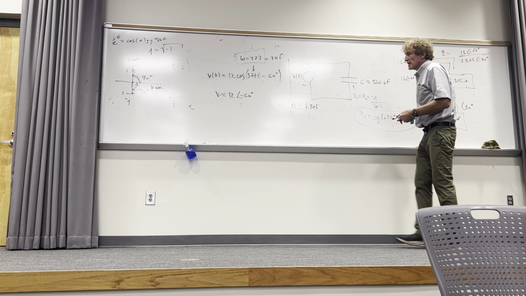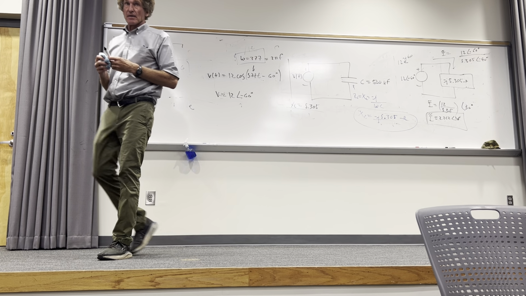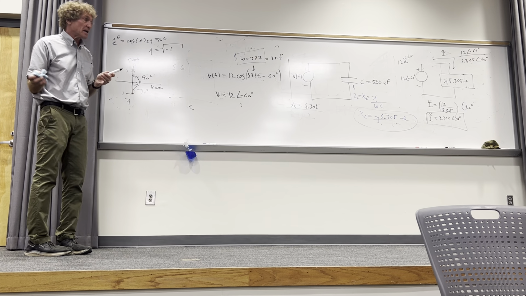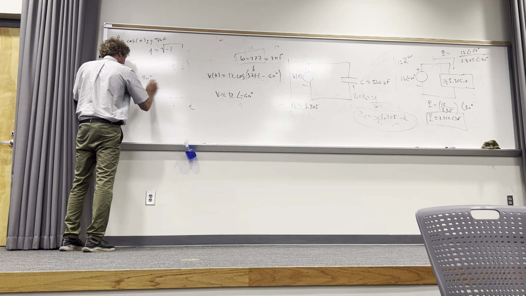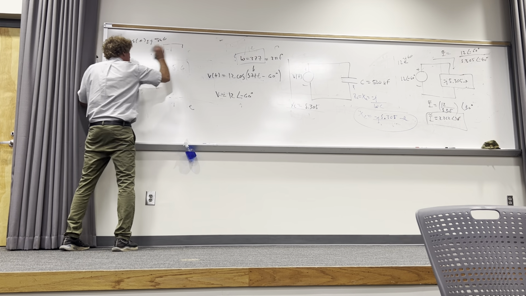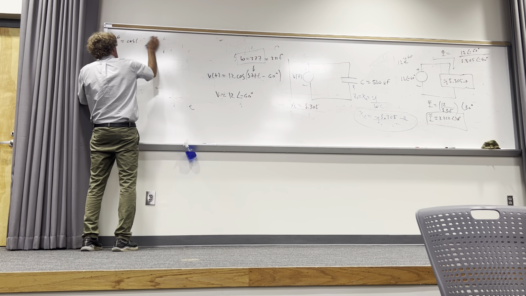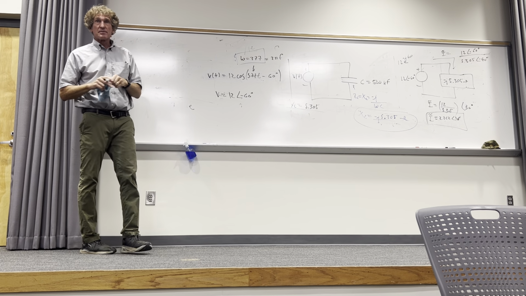I'm going to show you how to go to the time domain, and I'm going to tell you, it will become trivial in a second. You all with me? And you can confirm the solution. So just listen to me and I'll show you how it goes.